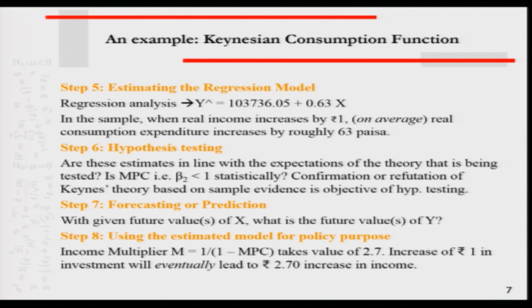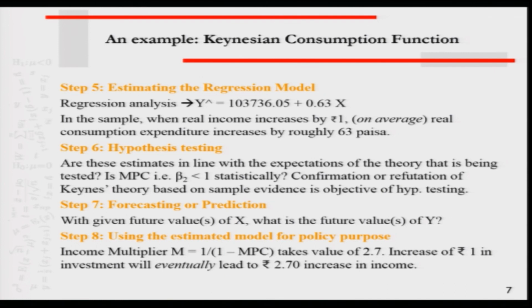Now we come to the last step: you use the estimated model for policy purposes. Here we use a result from macroeconomics, the concept of the income multiplier, capital M, which is defined as 1 over 1 minus MPC. That takes the value 2.7.